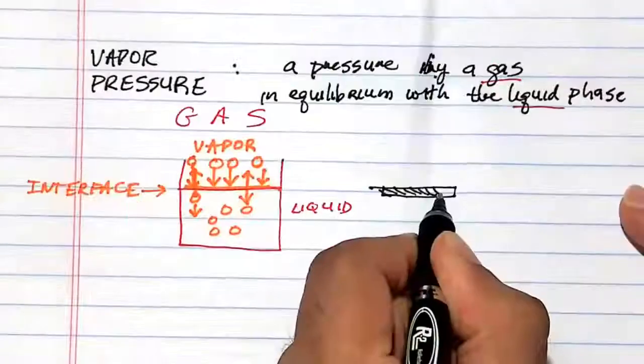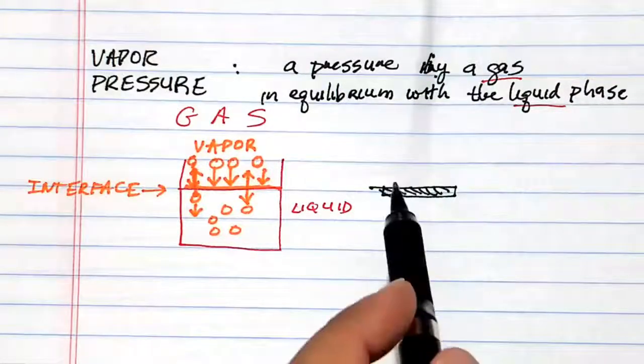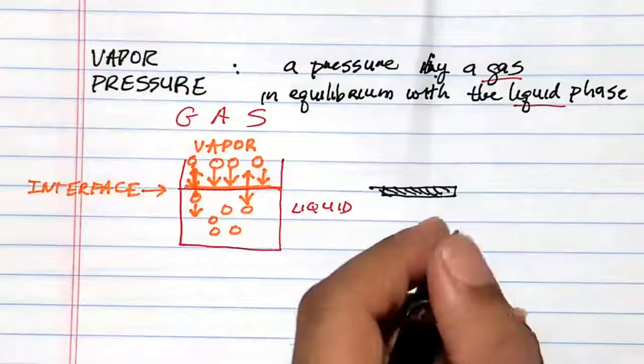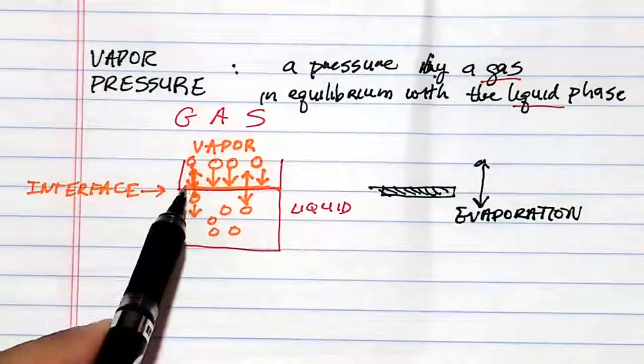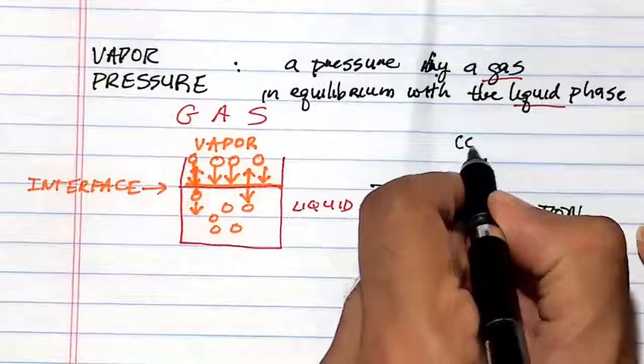So intermolecular forces house the liquid and prevent it from going into the vapor state. Going from a liquid state to a vapor state or a gas state is evaporation. So that's competing: the vapor exerting a pressure in order to go back to the liquid state, and that is condensation.